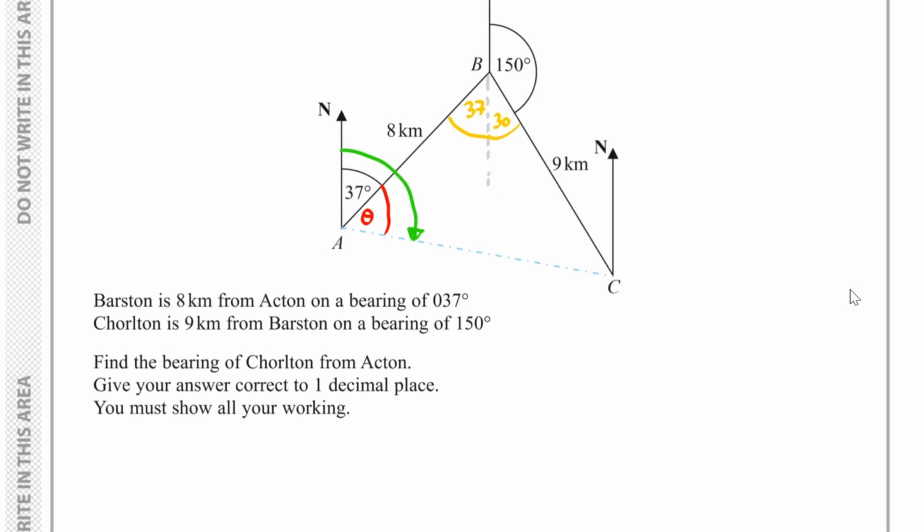So with this, we can find out the length AC. AC squared is equal to, using the cosine rule, 8 squared plus 9 squared minus 2 times 8 times 9 times the cosine of 37 plus 30 degrees.